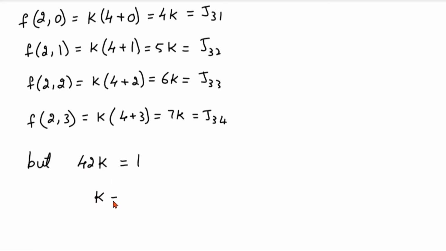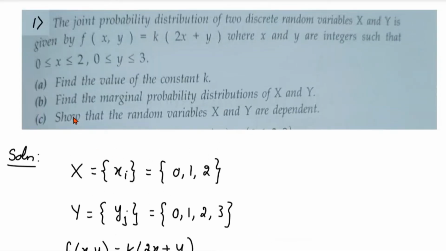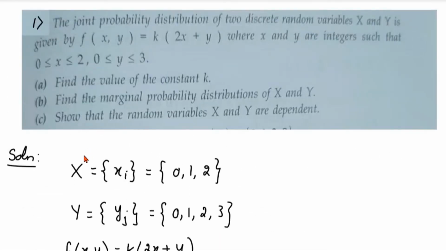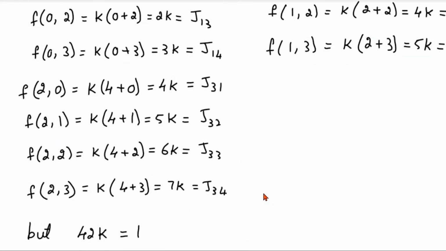Therefore, the value of K will be nothing but 1 by 42. So we got K equal to 1 by 42. Now let us move on to finding the marginal probability distribution of X and Y. This whole calculation was part A. Now we'll move on to part B.